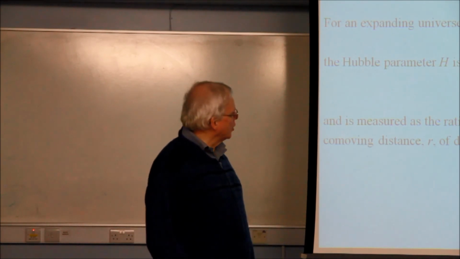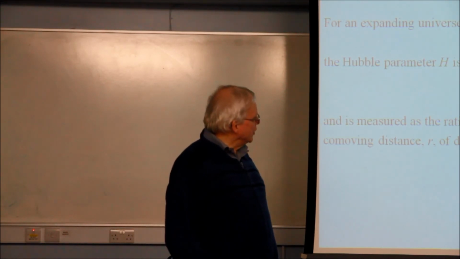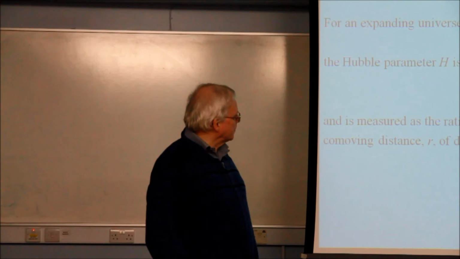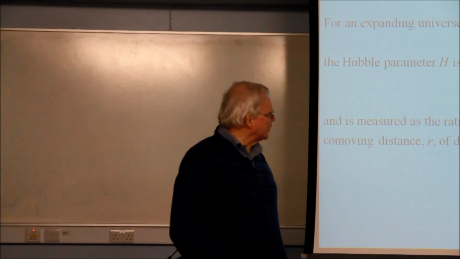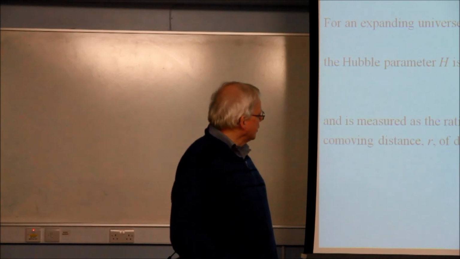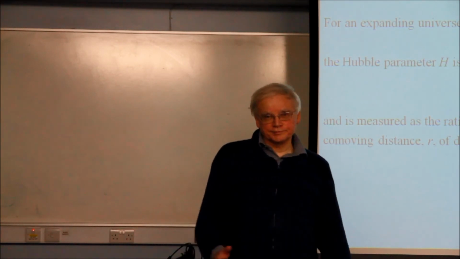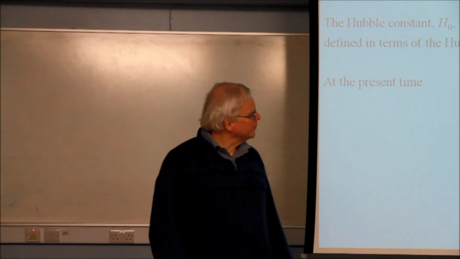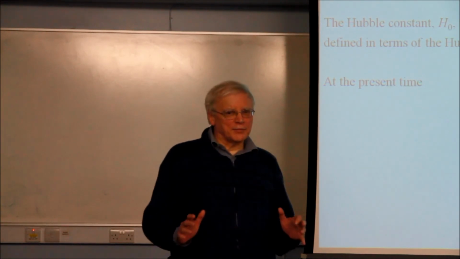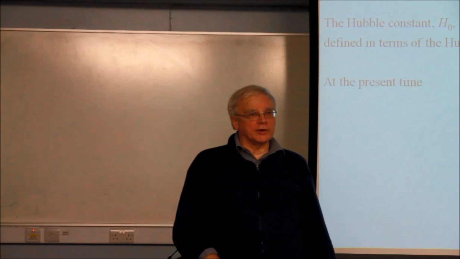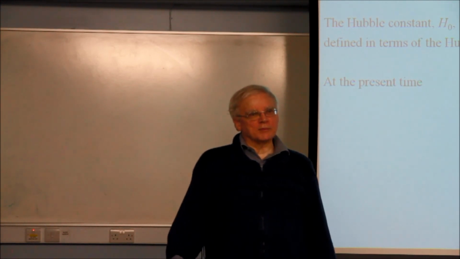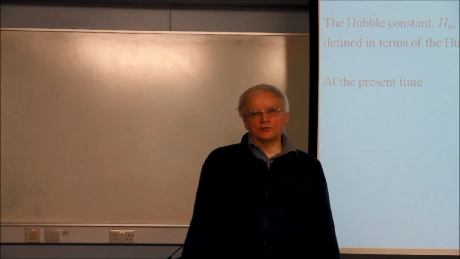So the Hubble constant has units of velocity over distance, and when you actually do the measurements, you measure that as the recessional velocity and the co-moving distance. So that's the Hubble parameter. The difference between that and the Hubble constant is that the Hubble constant is the value for now, whereas the Hubble parameter could change and will change over time, certainly if there's acceleration.